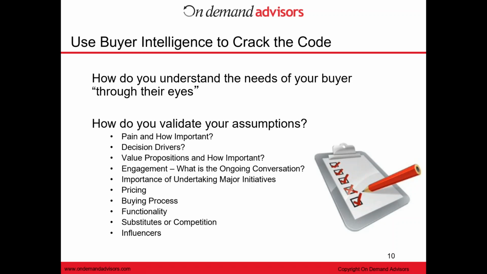We're going to talk about pricing. We're going to talk about the buying process. We're going to ask questions around functionality, your roadmap, your potential for growth for your solution, and what will potentially resonate with the audience. And we're going to talk about things such as competition and influencers, dimensions that are critical in making a decision on how you're going to go to market.